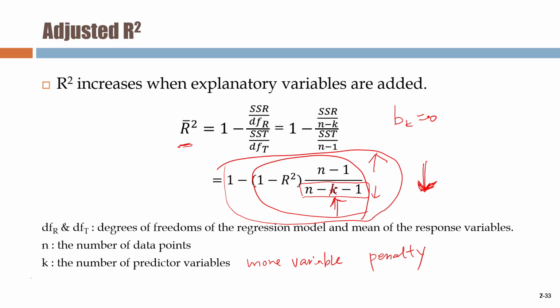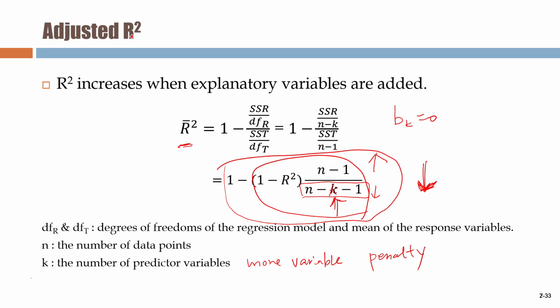Even if you bring in a totally unrelated predictor variable, your R square will still increase just a little bit. So if you put in thousands of predictor variables, your R square keeps going up, and you cannot tell what is better. Did you get a high R square only because you have thousands of variables? That's not a good model.